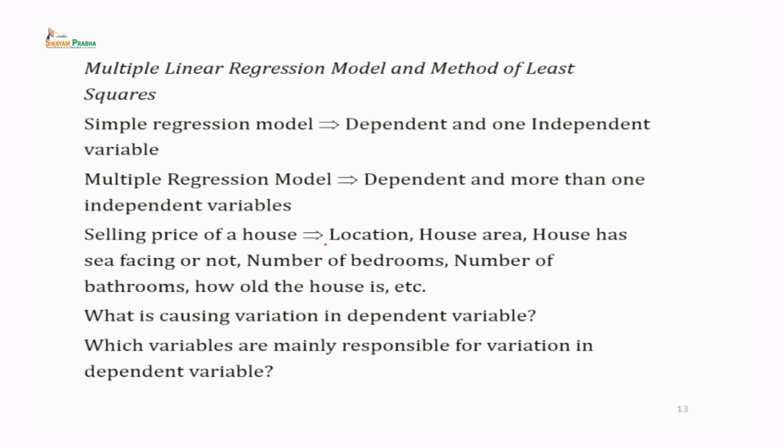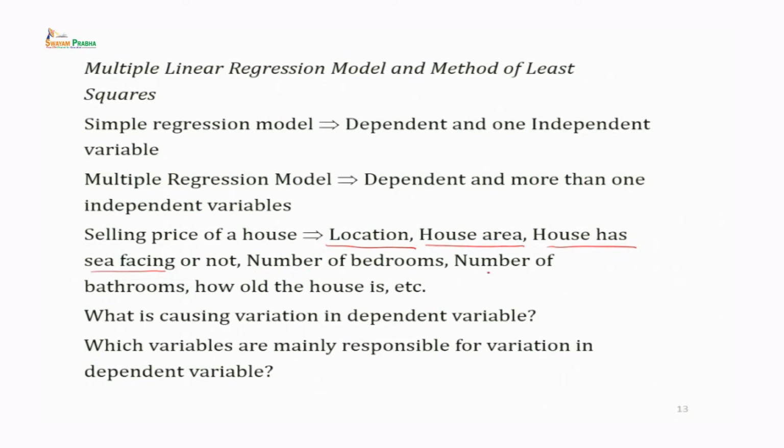It depends upon the location of the house, the carpet area of the house, whether the house is sea facing or not, or facing some other beautiful view, like a lake or a hill. The number of bedrooms the house has, the number of bathrooms, how old the house is, etc. So many variables are going to affect the selling price of a house.